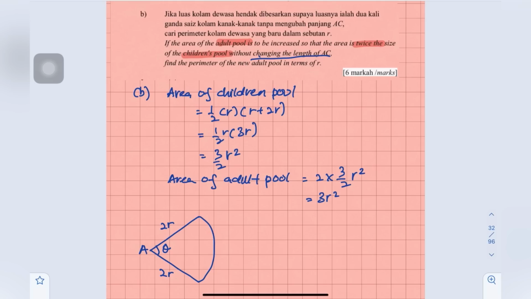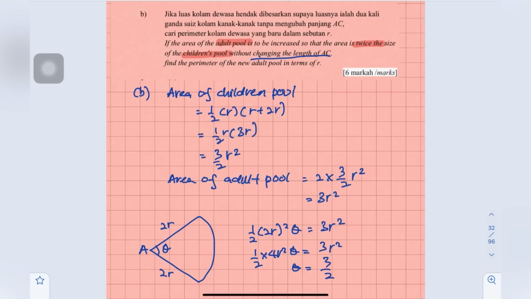So this is a sector, so the area of the sector is 1/2 r squared theta. Now the radius is 2R, so it equals 3R squared. So this one 1/2 times 4R squared theta is 3R squared. Okay, so then theta equals 3/2 radian.